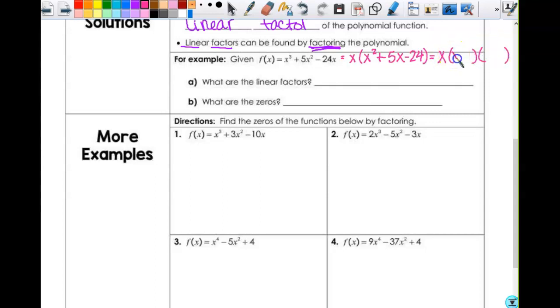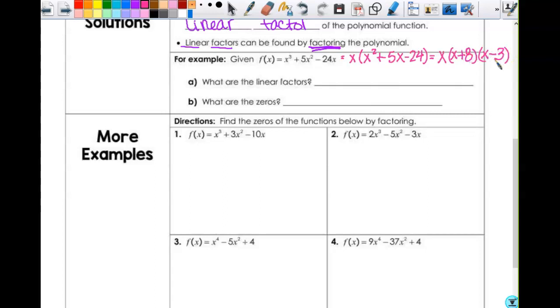I know this would be x and x. This is negative, so the signs have to be different, so it would be plus and minus. And what would my 2 numbers be? Very good. Positive 8 and negative 3.